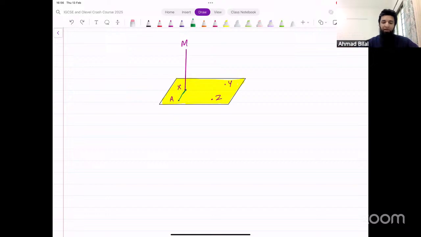Now think about it. AX is horizontal, MX is vertical, right? Everything on this surface is horizontal. This yellow surface is a horizontal surface. So it's a flat surface.